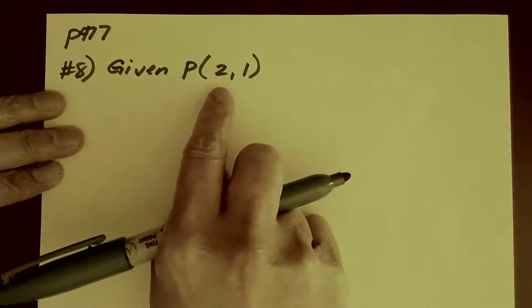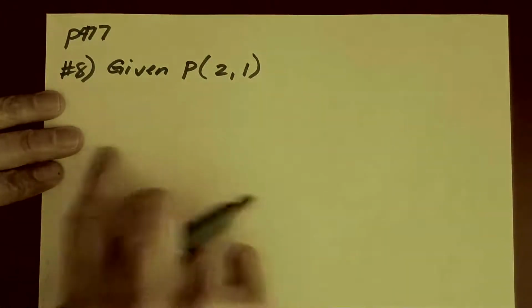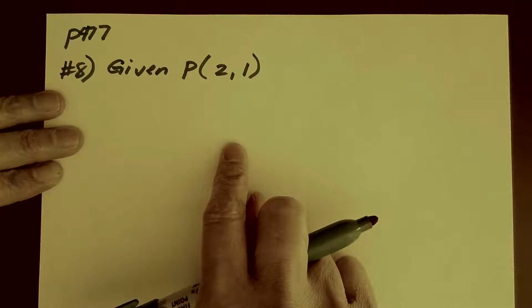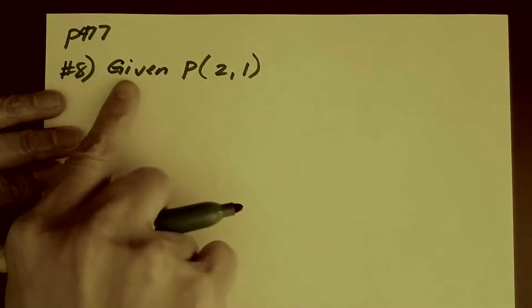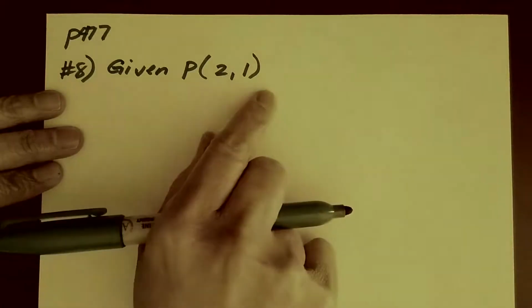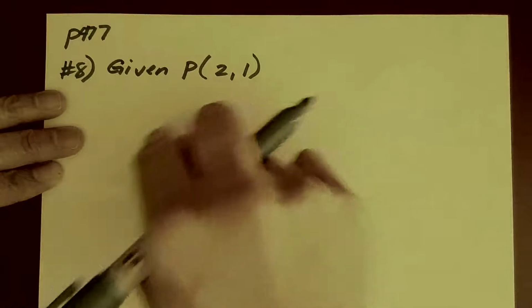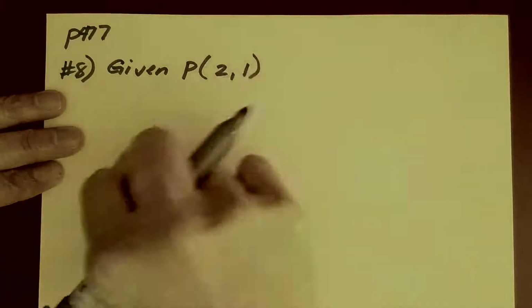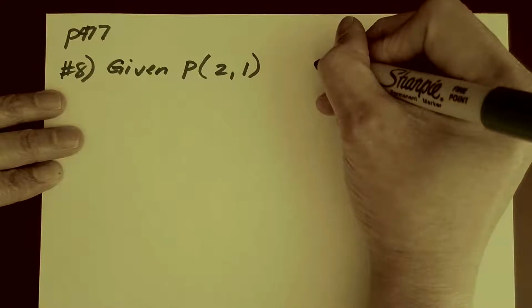Well, not within the unit circle, but we could plot it and then figure out the trig ratios here. Sorry, I don't want to confuse people. So given that the point 2, 1 is on the terminal arm, what are they asking for?